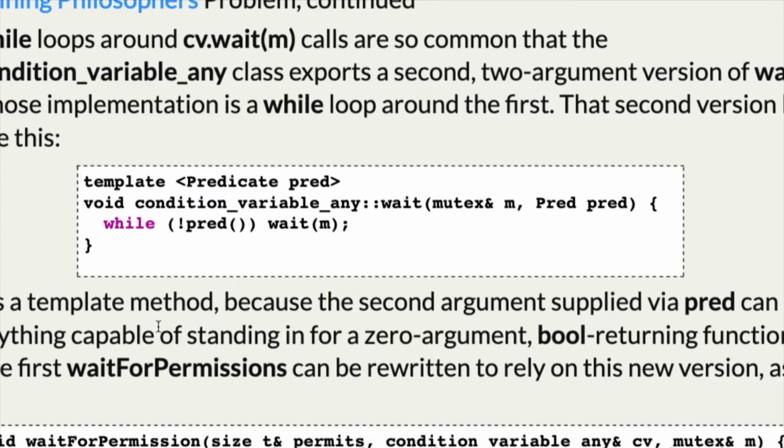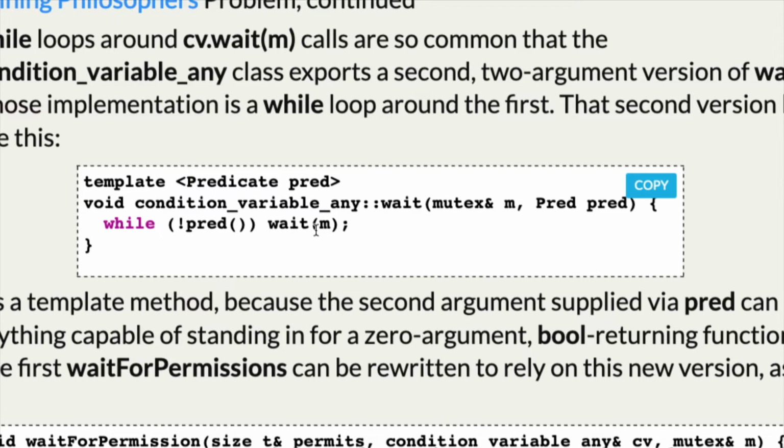Instead of doing a while loop, you let the wait statement do that while loop for you by passing in some other function that makes a decision and returns true or false based on that question. In this case, this is exactly what it's doing in here, it's that while loop, it's just doing it for you.